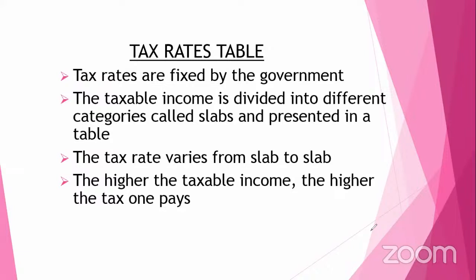And the idea, as I told you, is to tax the highest value possible. The objective of the government is to get the highest tax possible from your money. And that's the reason we don't subtract deductions before taxation.